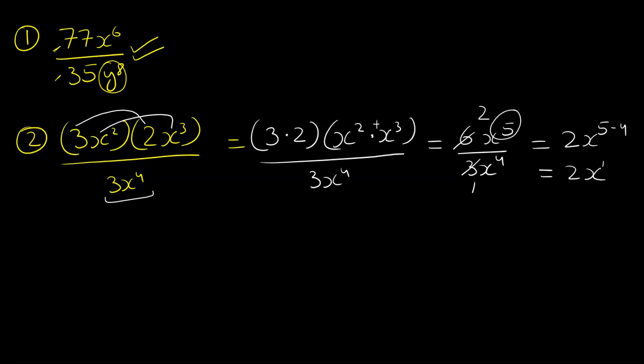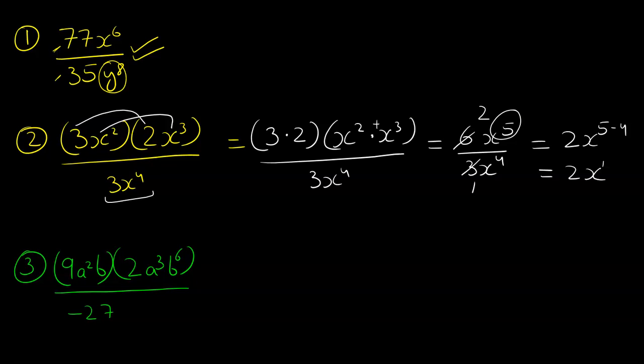Okay, let's take a look at this final example, and if you can solve this, then you are good to go with rules of exponents using multiplication and division. We have 9a square b times 2a cube b to the power 6 over negative 27 a to the power of 8 b to the power of 7.